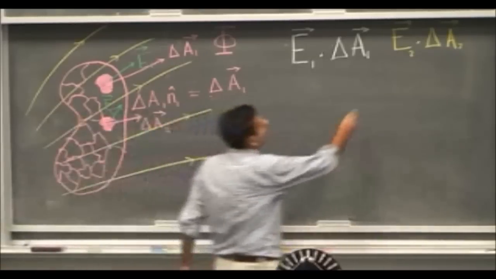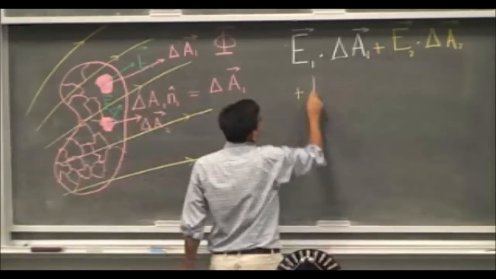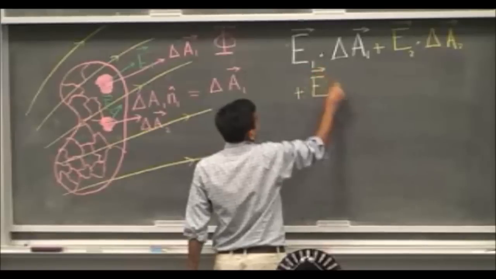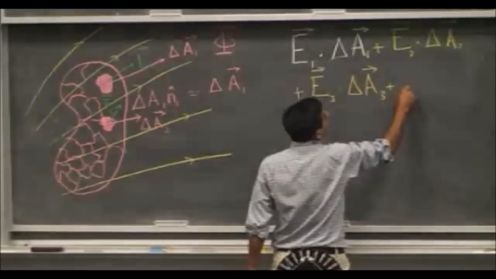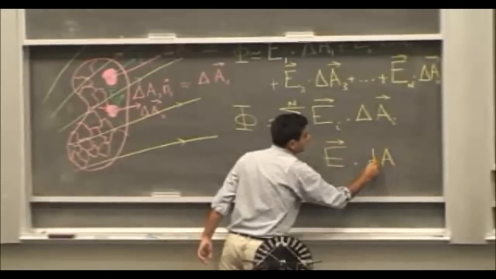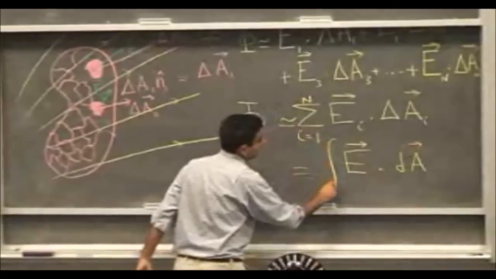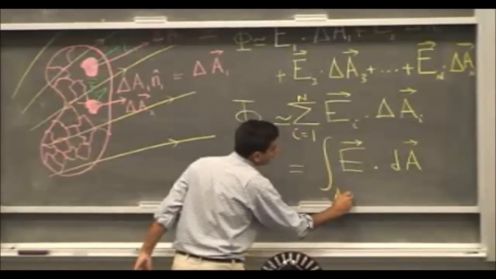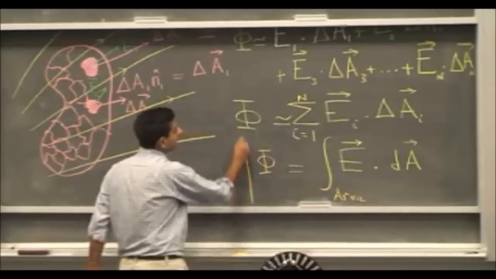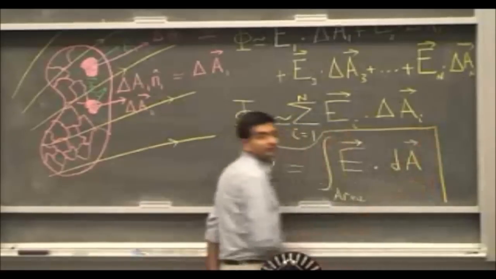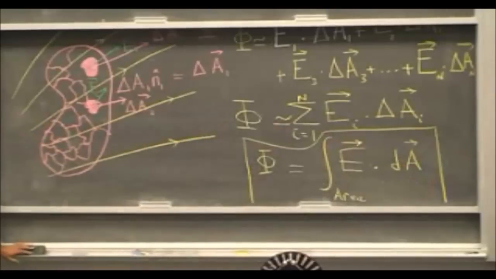So if I keep on adding these values, plus E3 dotted with delta A3, both being vectors, all the way to dA, and I integrate over the area of this surface. So this is how I define the flux through the surface. And it's just equal to the number of lines passing through the surface.